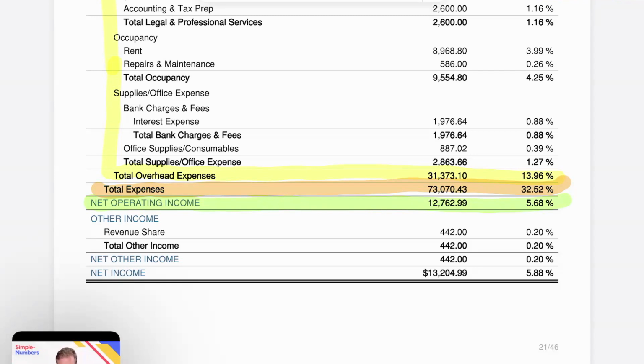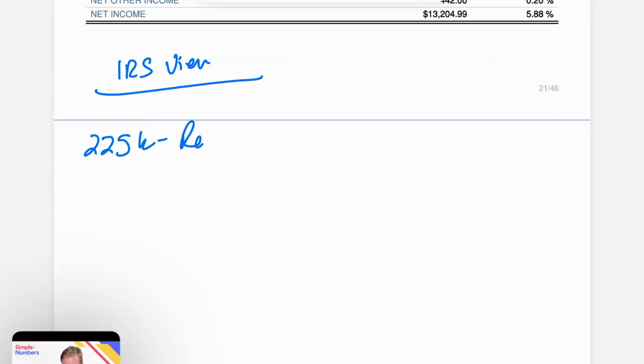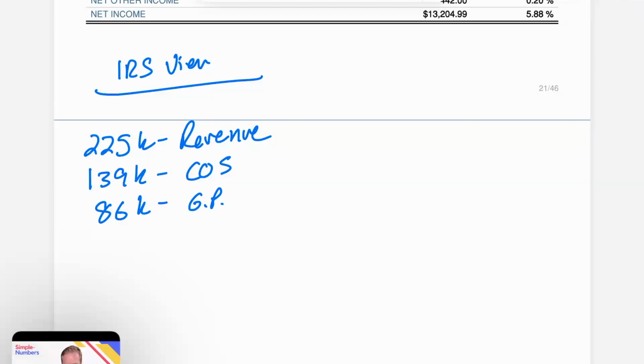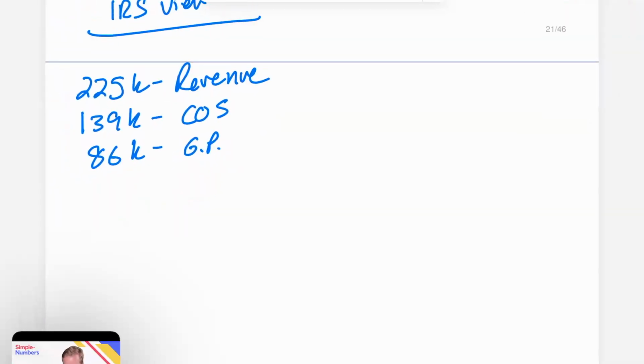So when we look at that, let's break that out. The IRS view, like what our numbers on paper said. What it said was we generated $225,000 of total revenue. We paid out $139,000 in cost of sale. We had $86,000 left in gross profit that actually hit our bank account as the business owner.